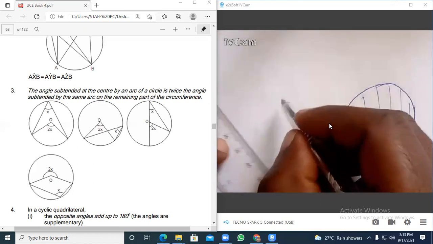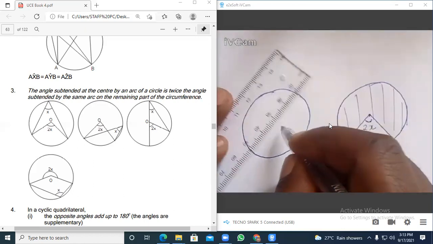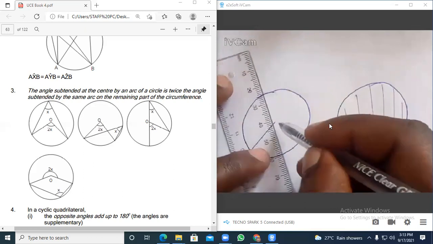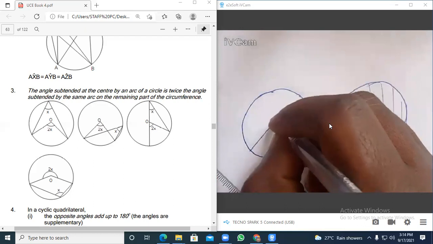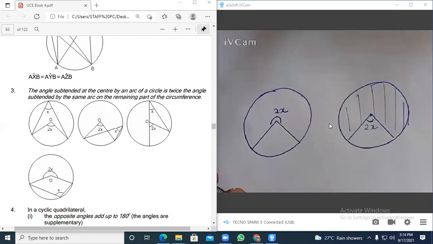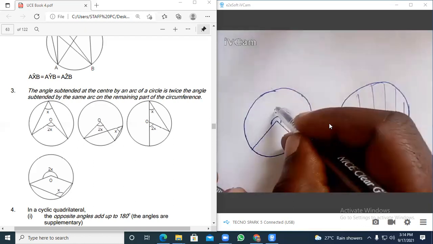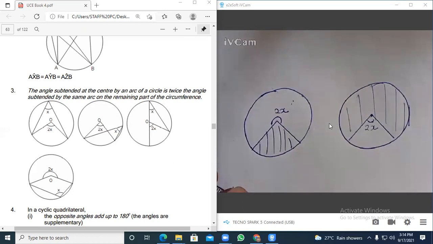Now, if I draw another one like this, and I draw like this, then this time I put 2x this side. Then the angles which are half of this now must be on this other side, not this side. Do you get it?